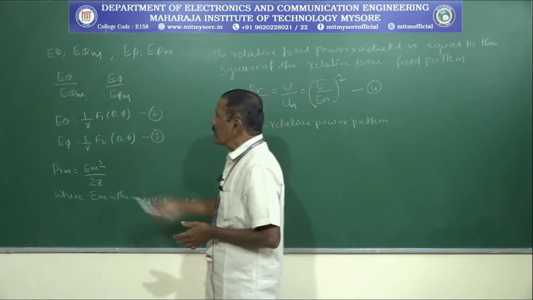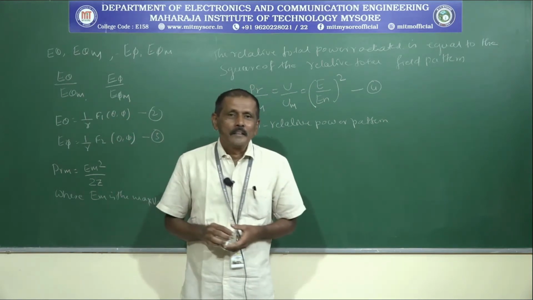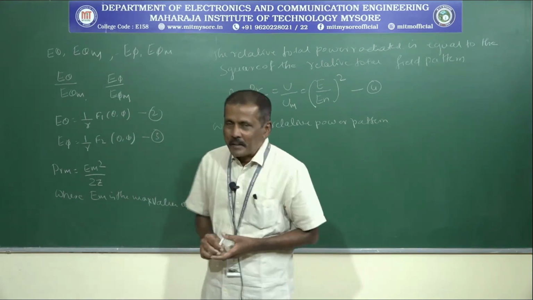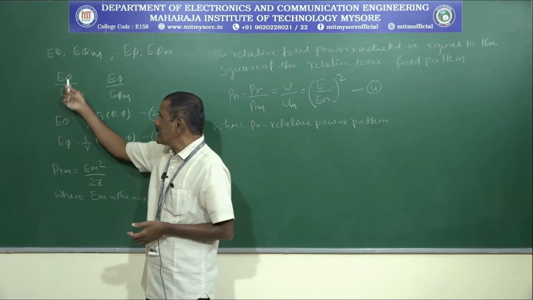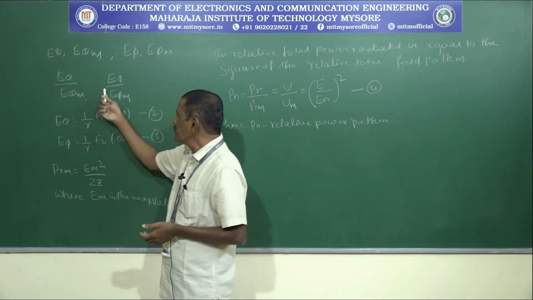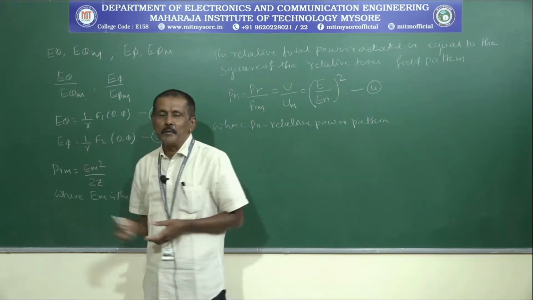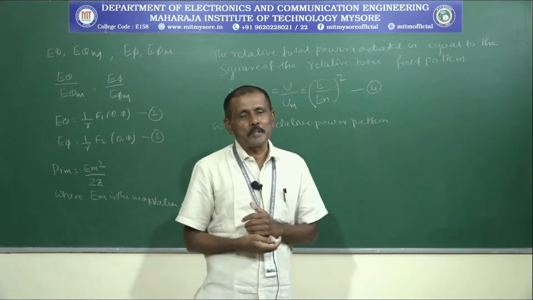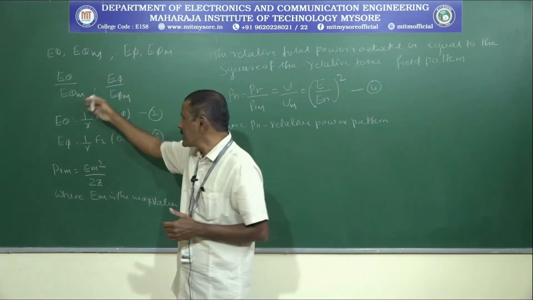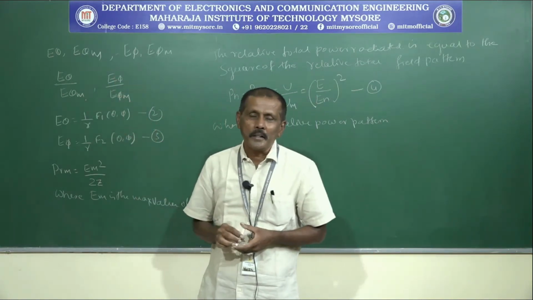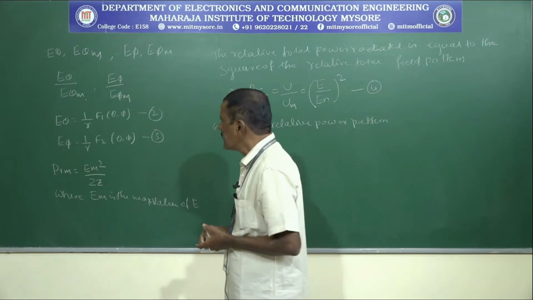Now, you can calculate the relative field components by the equation E theta by E theta m or E phi by E phi m. This gives you the relative field pattern with respect to the maximum value in the theta direction, and this gives you the same in the phi direction.